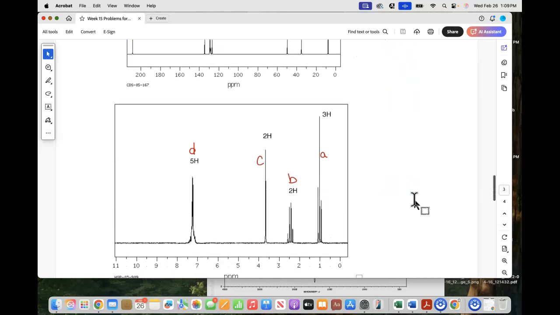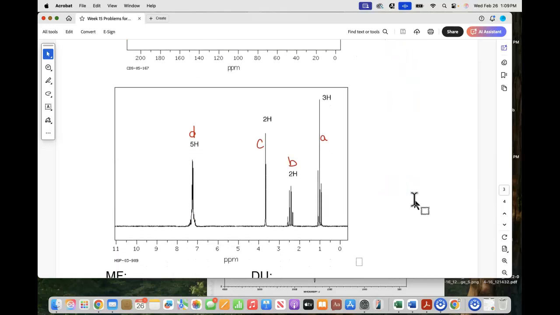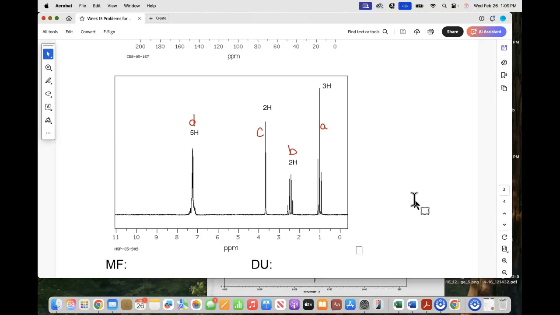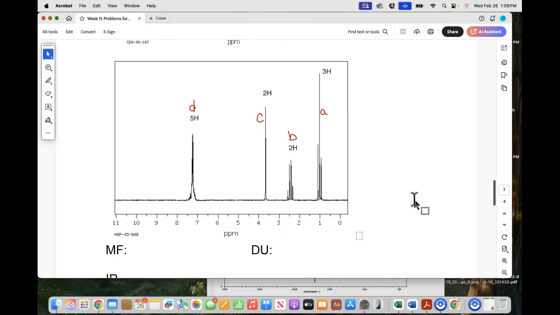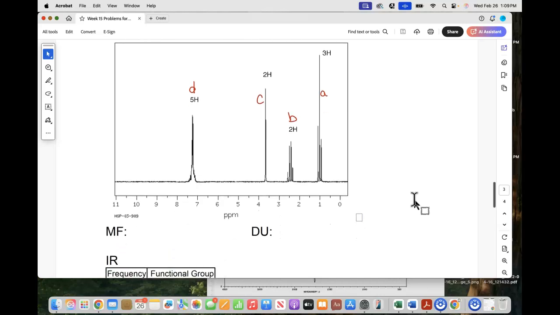Moving on to proton NMR analysis with this spectrum. The spectrum provides detailed information on hydrogen environments, so we will analyze each region. The multiplet here at 7.2 parts per million with a 5H integration confirms a monosubstituted benzene ring.